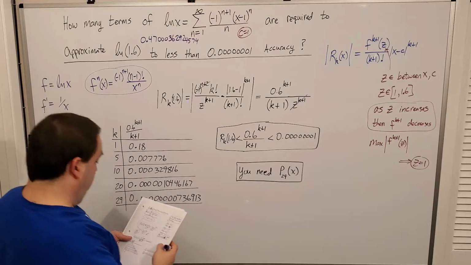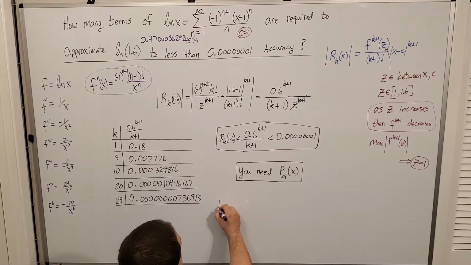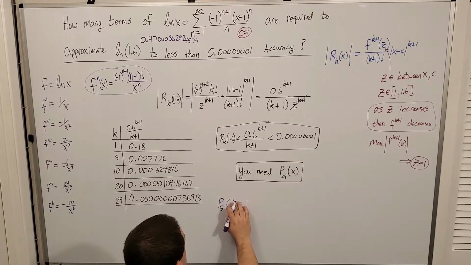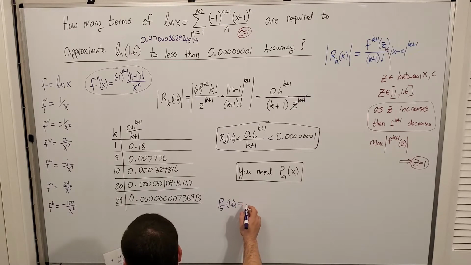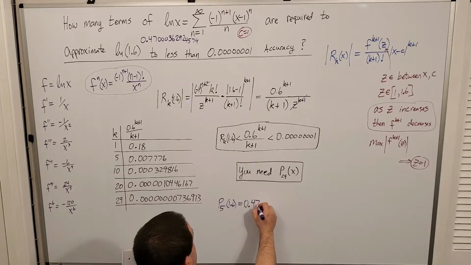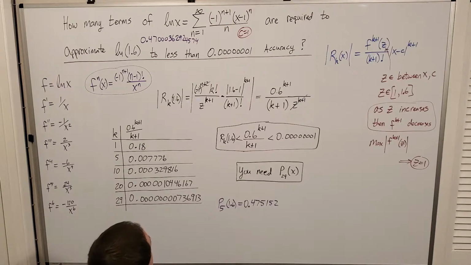If you plug in, I only did a couple of these just to give you an idea. If you plug in P5 of x, then, not of x, of 1.6. P5 of 1.6 is around 0.475152, right?